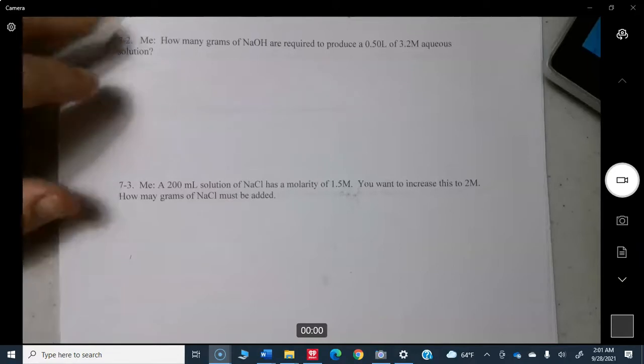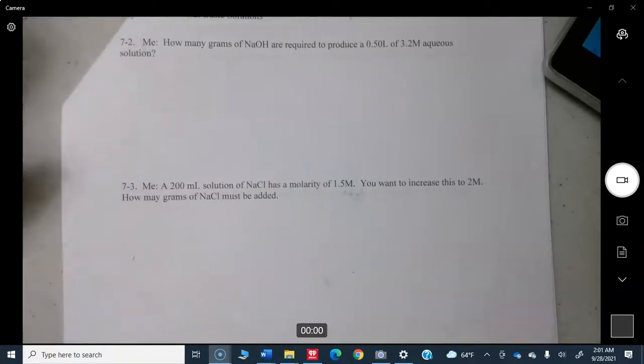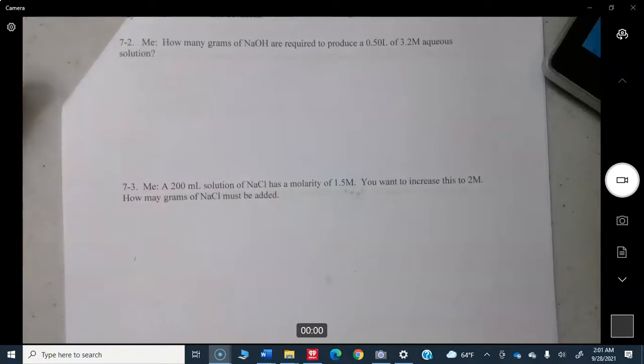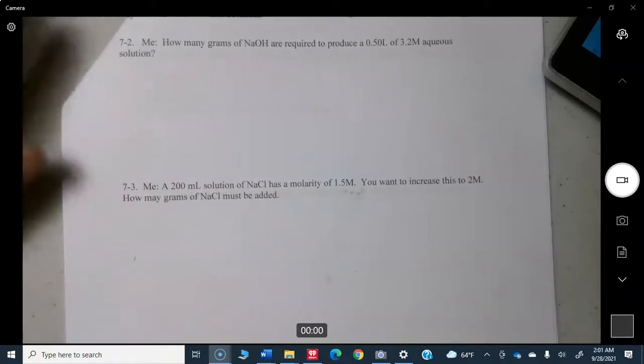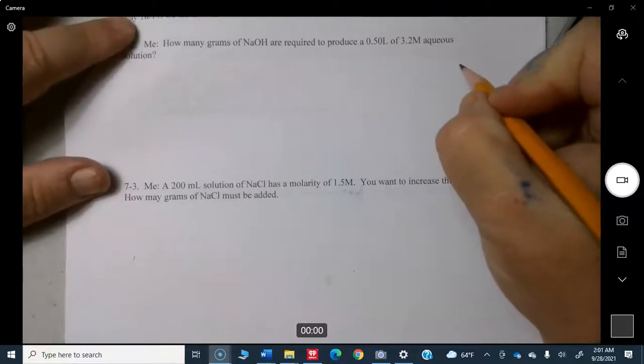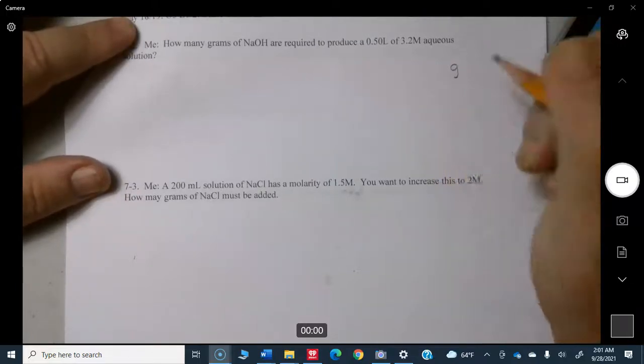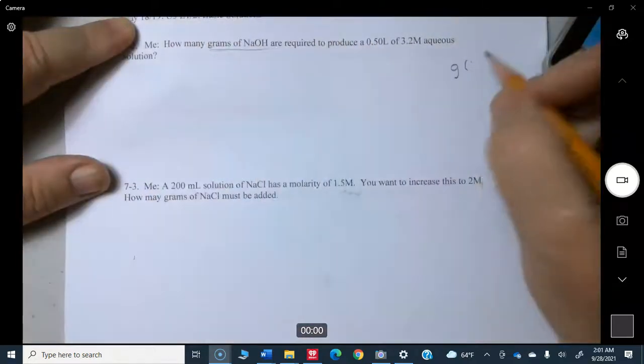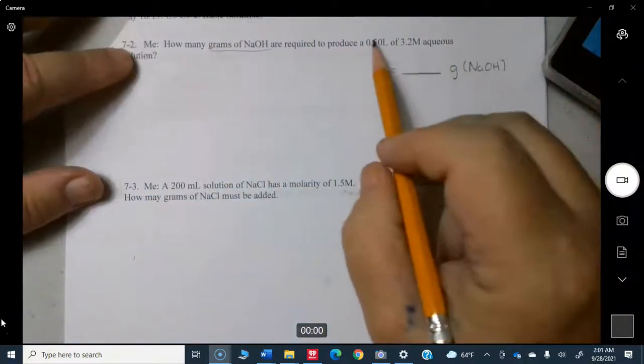So again, it's a matter of knowing how to set up a problem and practicing it. Again, don't feel frustrated if you don't get these right away. So it's going to be grams of NaOH. That's what you're trying to find. How many grams of NaOH? Okay, and again, you have two things.